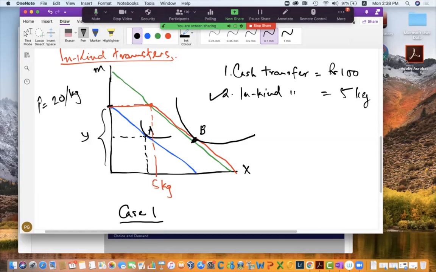Point B is better than any point on this part of the red budget line. The flat portion anyway is irrelevant. If you're going to choose on the flat portion, you might just as well choose this corner. And since the tangency is here, point B is better than this kink for the household by their own preferences.